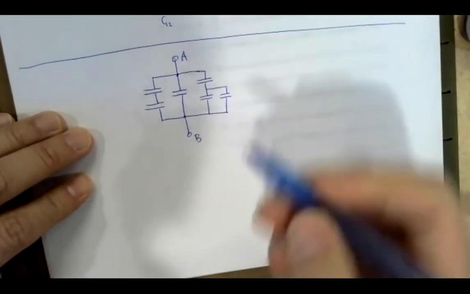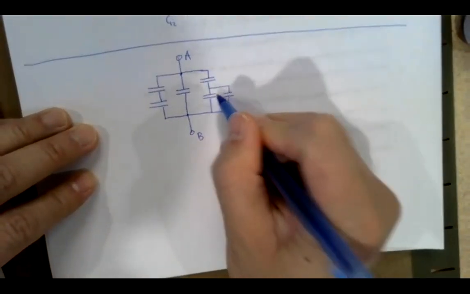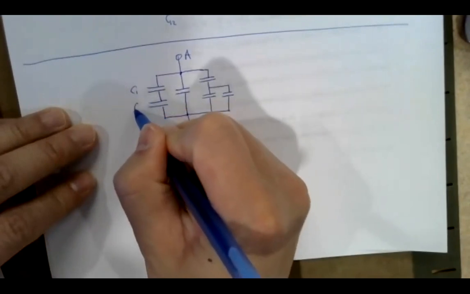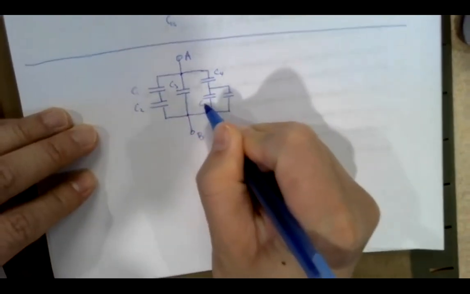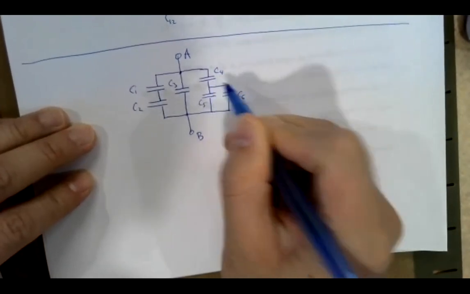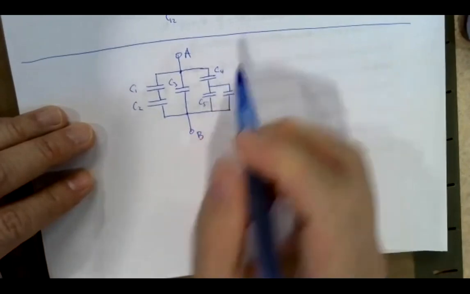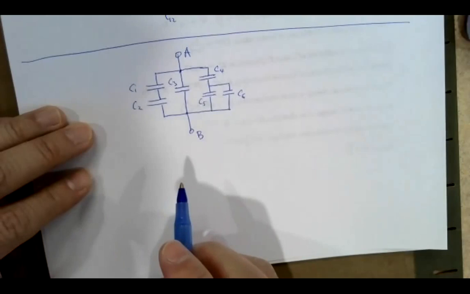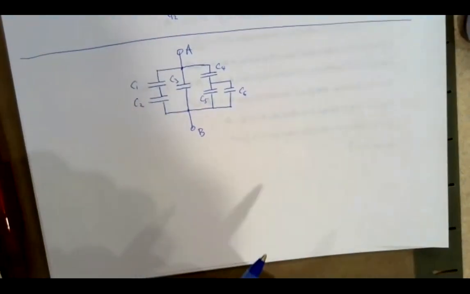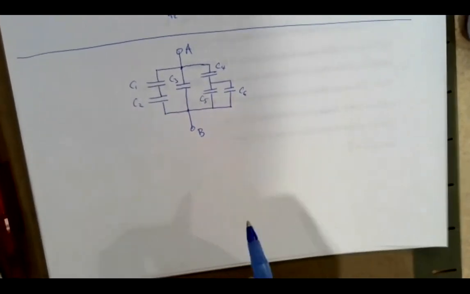So let's say you have a circuit like this. These are all capacitors, so you can call them C1, C2, C3, C4, C5, and C6. Then you are asked to find the equivalent between A and B for the whole thing.